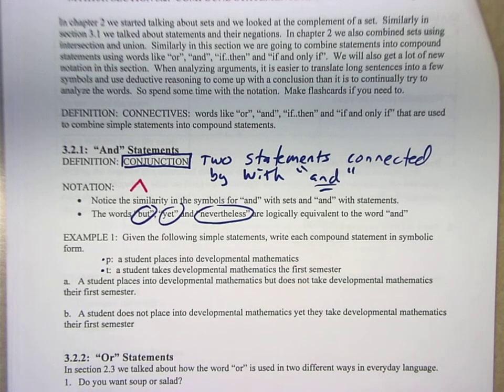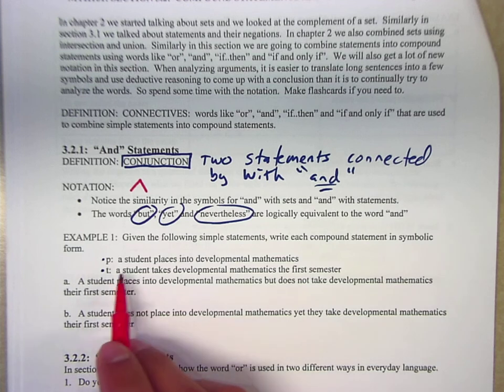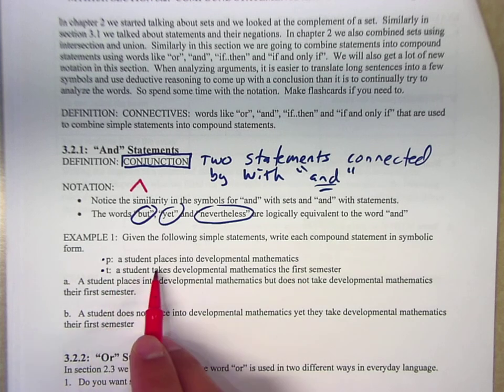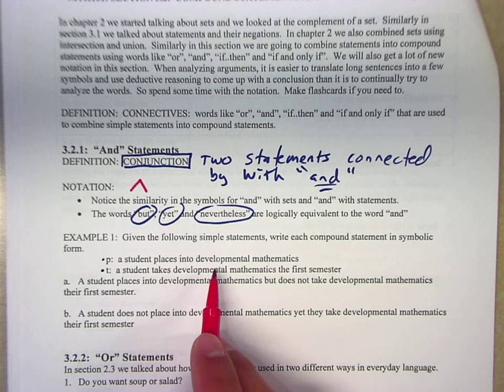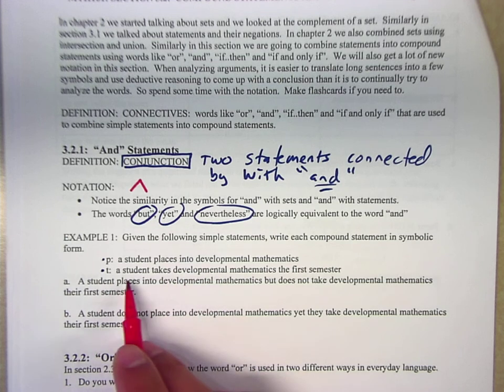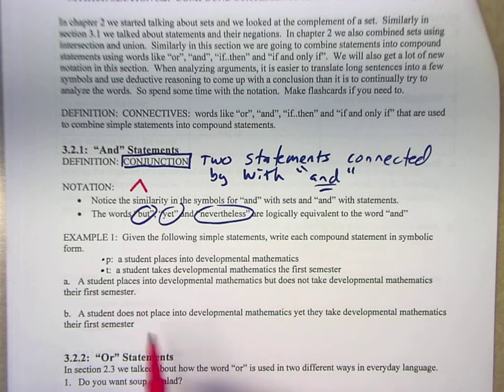For example 1, P is a student places into developmental math. T is a student takes developmental math the first semester. Now those are the two statements, and here we have a combined version with both of them in one conjunction.